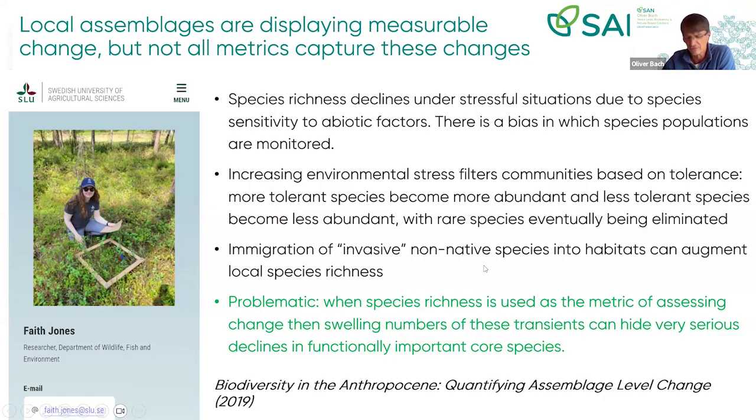The environmental stress filters, such as monoculture, pesticides, etc., will affect certain species more than others, and that's very important to have in mind. Some species will become more abundant in those agricultural landscapes, and other less tolerant, more specialized species will become less abundant, right? And there's the risk that rare species eventually get eliminated.